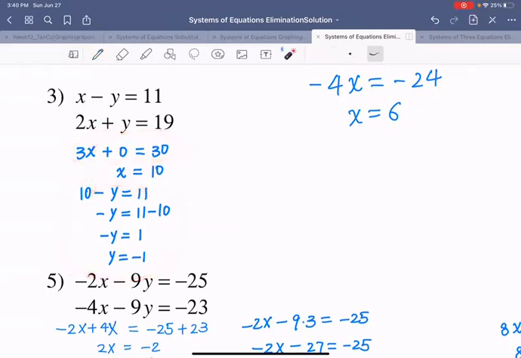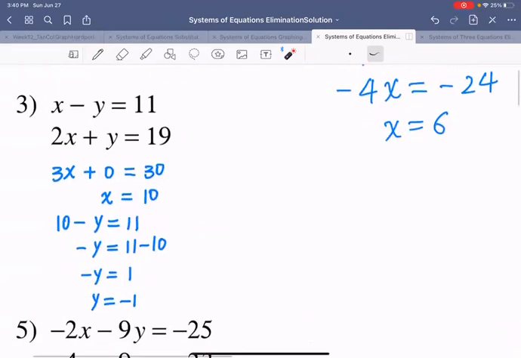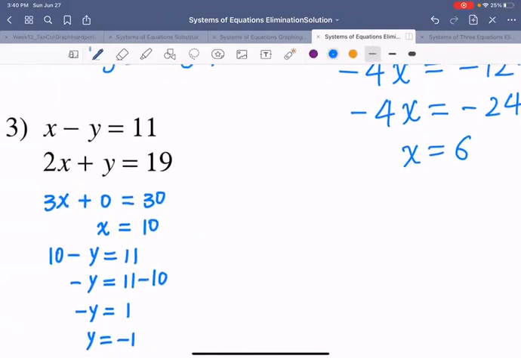If we want to use the substitution, let's do the substitution for solving this question. X equals how much? You plus y for both sides. X equals y plus 11, right?